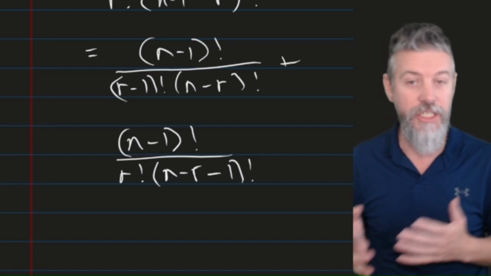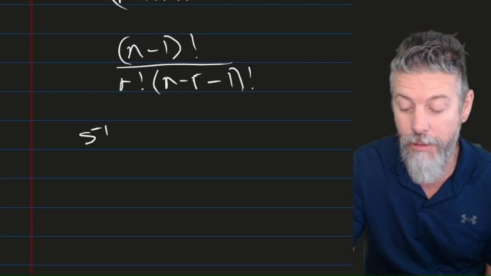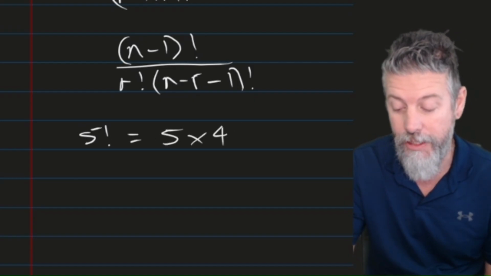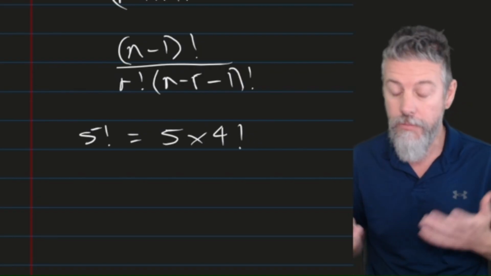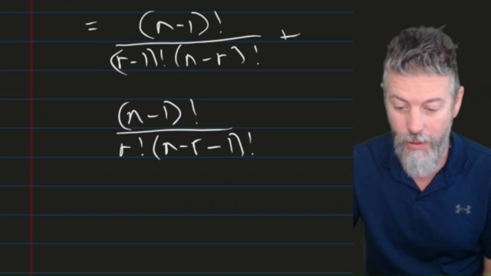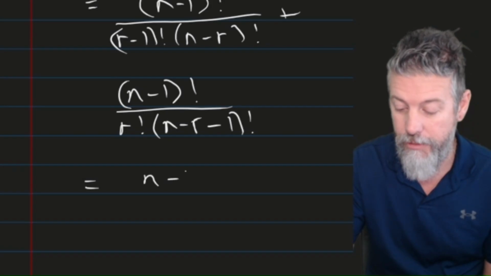It's easier to change the bigger one to the smaller one. Why is it easier to change the bigger one to the small one? Because remember, 5 factorial could be written as 5 lots of 4 factorial. We can always change the big one to look like the small one. So let's go ahead and change the big ones in both of them to look like the small ones in both of them. So here we go with our first fraction again, (n-1) factorial over.